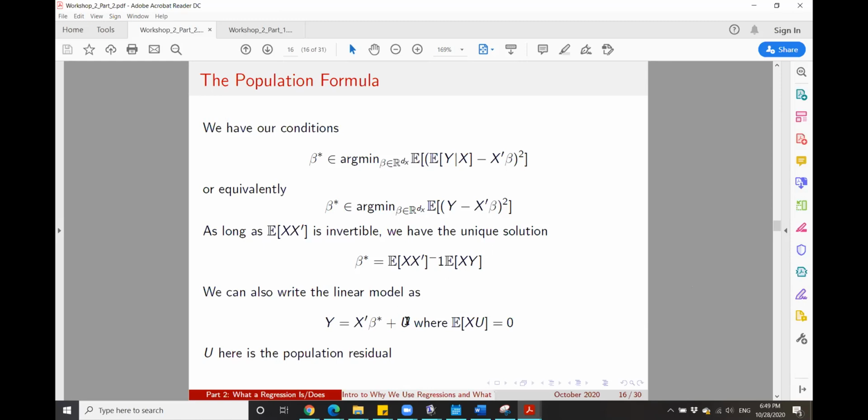Essentially the rule is that x and your residual have to be orthogonal. So when you have this unique solution, that's great and all, but we want to think about what this actually means, and what it implies about what beta is telling you.